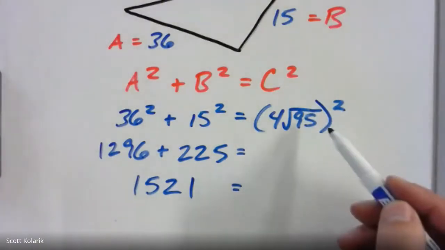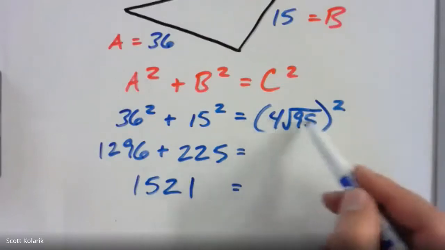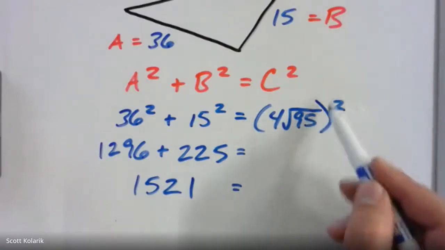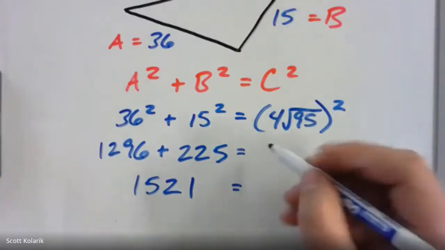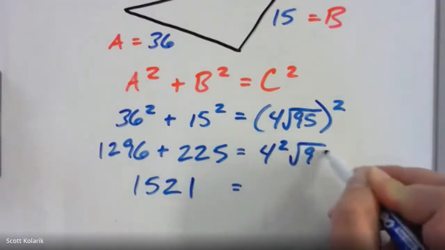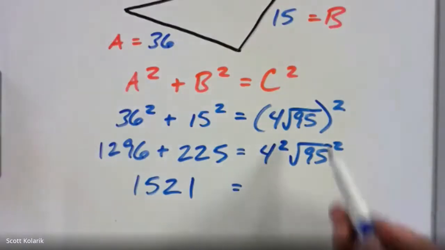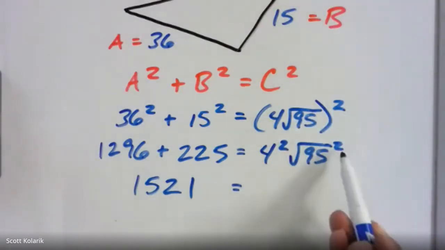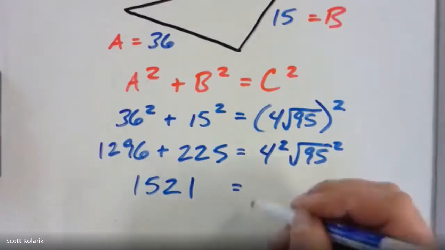All right, so here again is where we're going to use a property that we've talked about in the previous unit. Anytime I have a group of something that's raised to an exponent, I can distribute that exponent throughout that object. So here that could be expressed like 4 squared times the square root of 95 squared. Now these pieces I can do individually. 4 squared is an actual number.